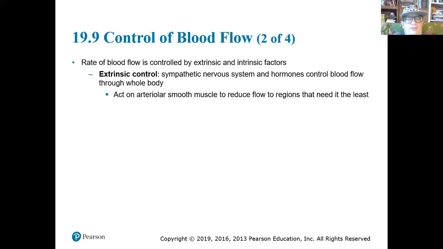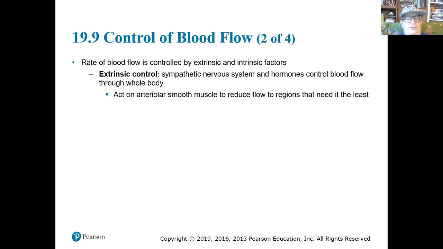So the rate of blood flow to an organ, there are extrinsic factors, ones that are outside the cardiovascular system, and there are intrinsic ones that are controlled by the cardiovascular system. So extrinsic controls, we have the nervous system and we have hormones. Nervous system, those are more direct signals.